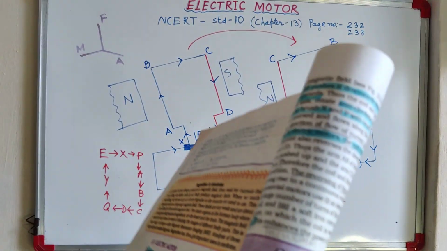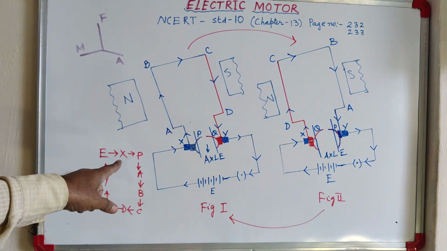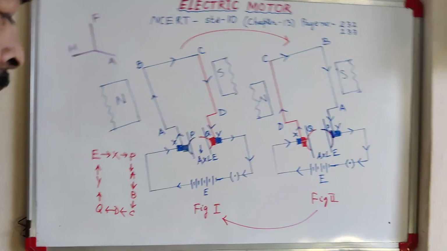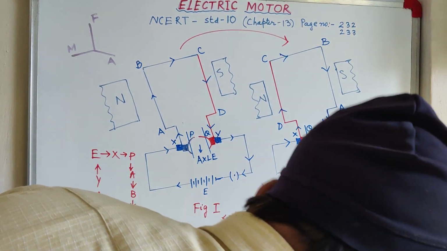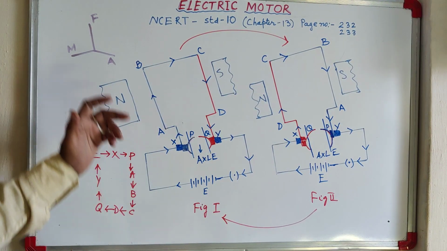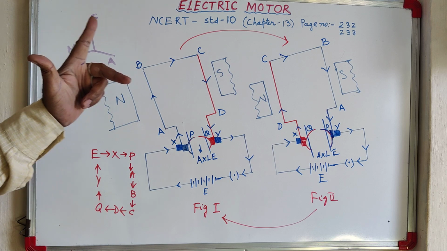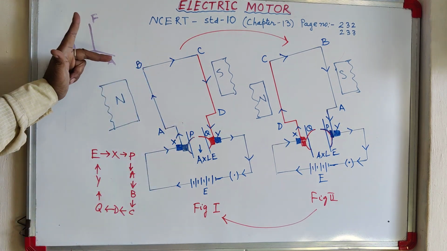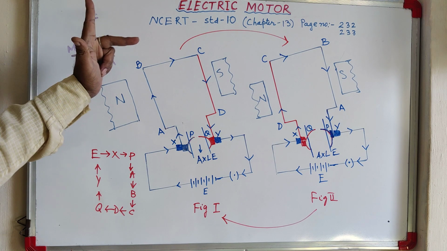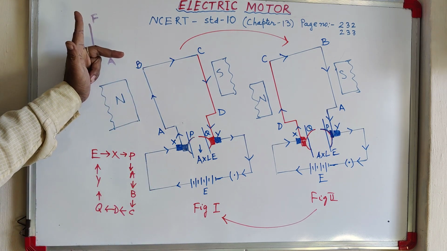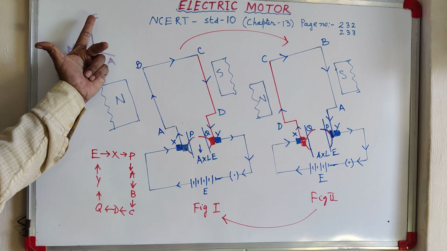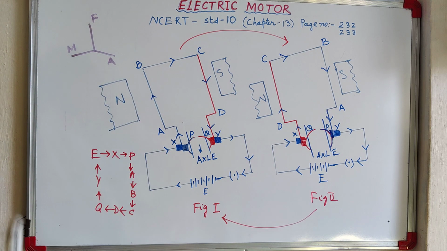So I have explained this portion with the help of arrows like this, and it will be very clear to you, I am sure. Now, according to Fleming's left-hand rule, the middle finger is the current direction, the index finger is the magnetic field, and the thumb shows the motion.